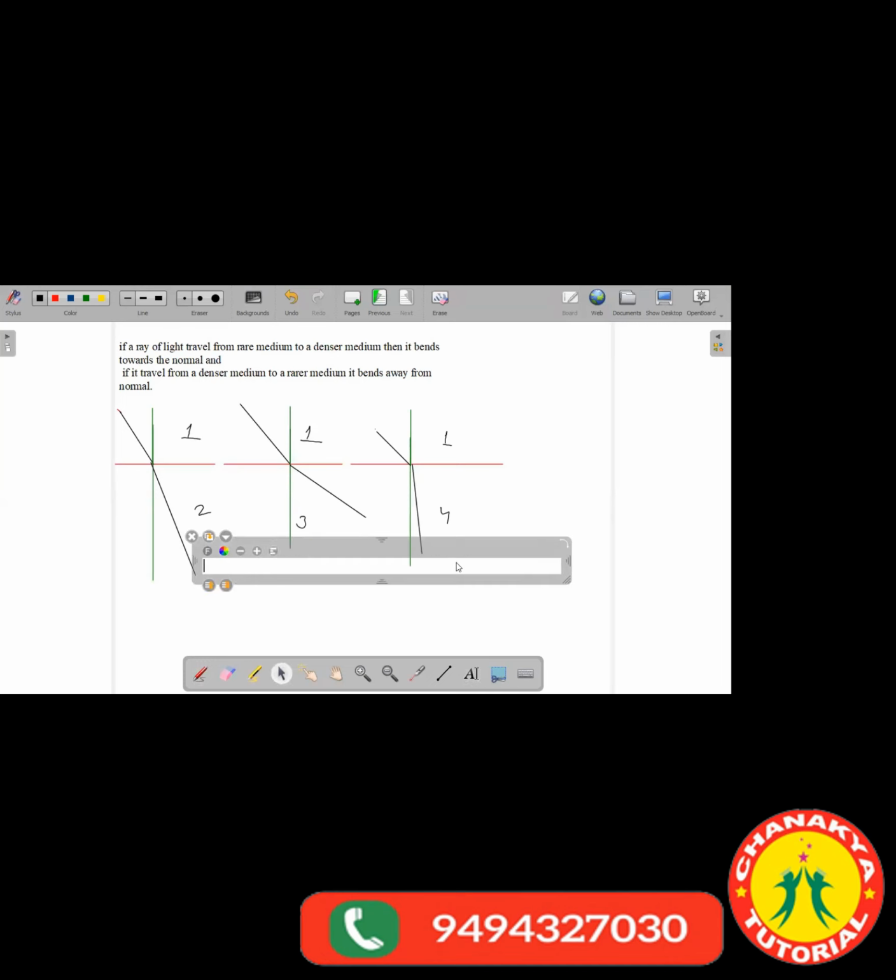So here we define the refractive index of the given pair of media. It is the ratio of the speed of light in air to the speed of light in that medium.